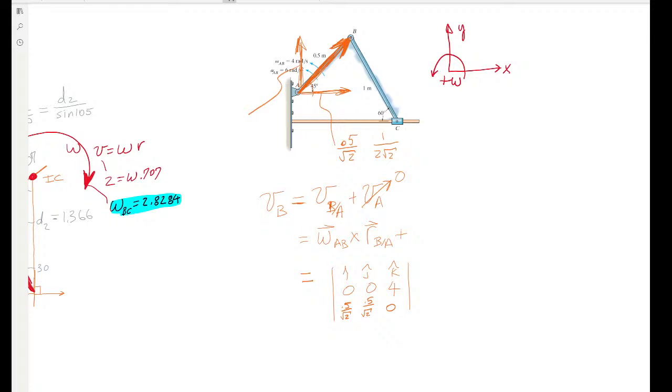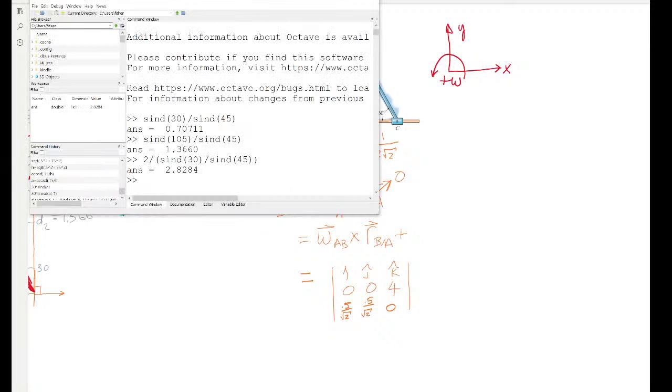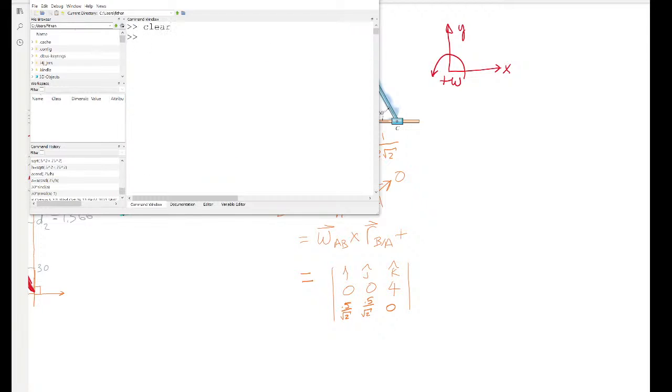The next thing I'm going to do, I'm going to come back and start making use of an interesting thing here in Octave, MATLAB, whatever you want to call it.